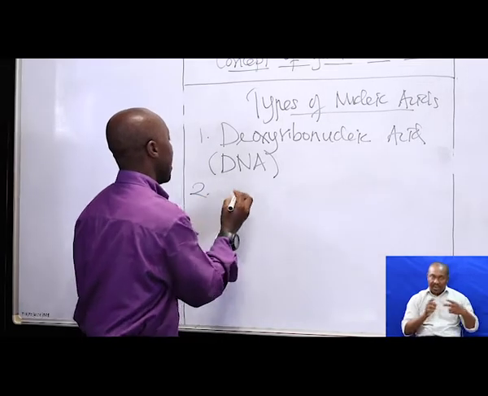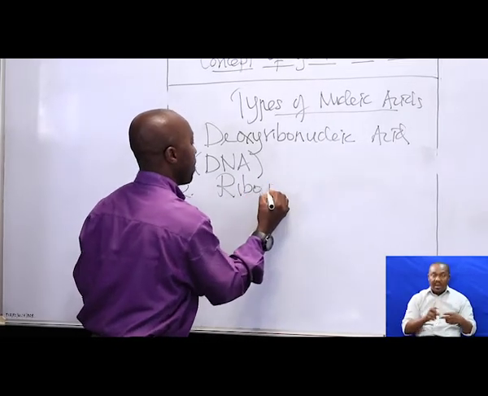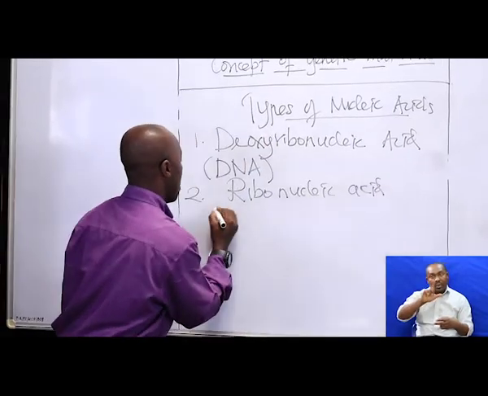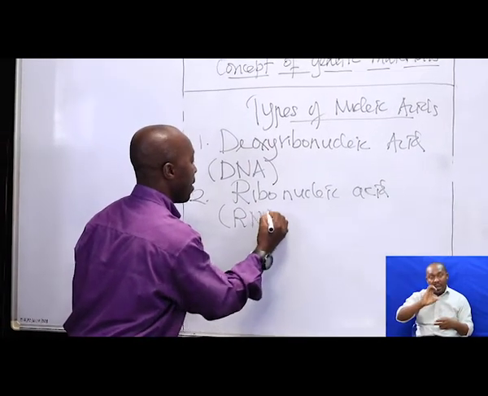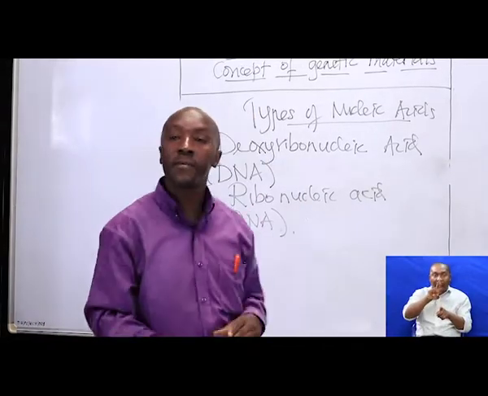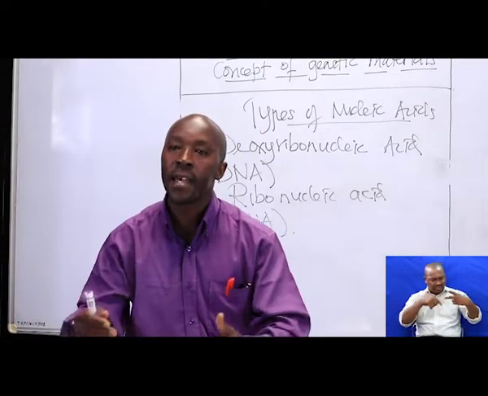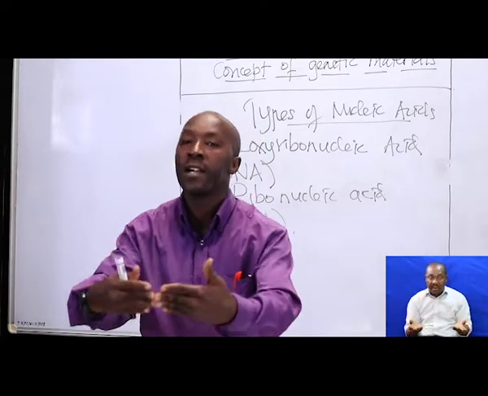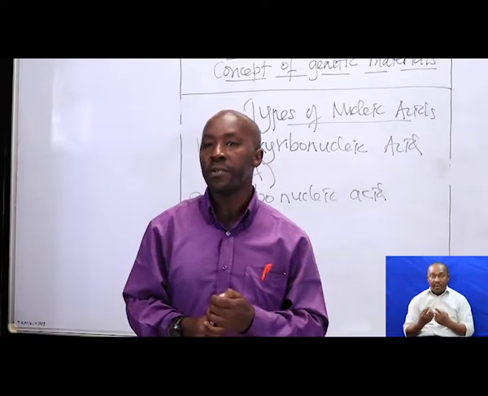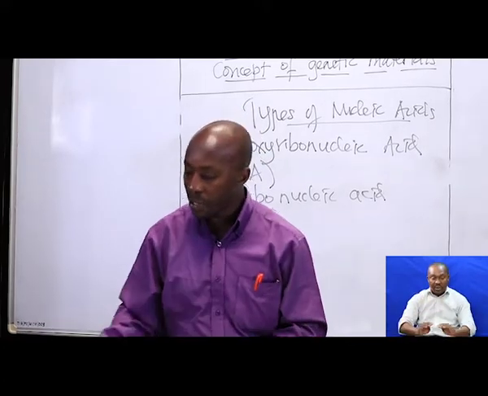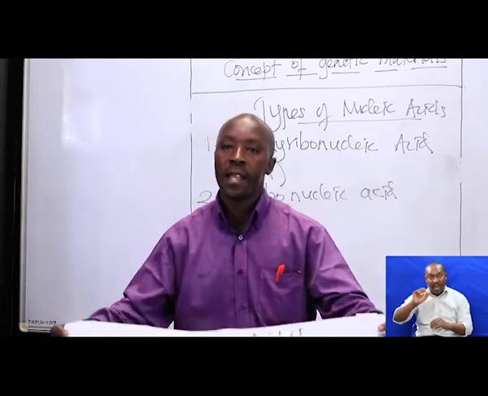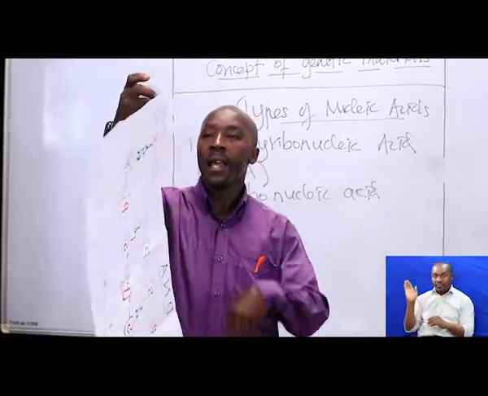And the second is ribonucleic acid, or written as RNA. But where are these coming from? These types are derived from the structure and composition of the nucleic acid. So here, my dear student, we see a certain chart.